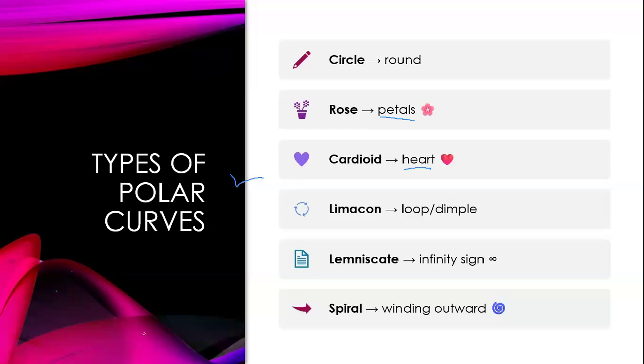And the lemniscate, where you have the infinity sign, and the spiral, winding outward. So we have the signs to signify the shape of each. Moving on.